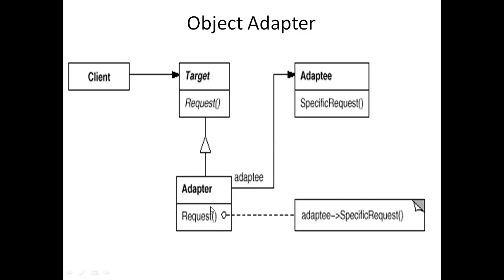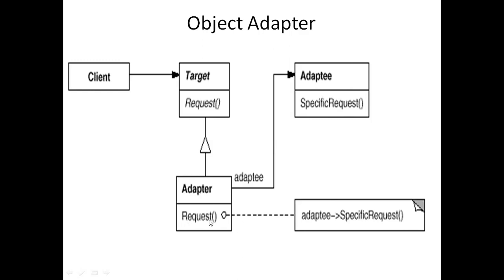So in this way, object adapter need not use multiple inheritance. It can just use different adoptees by just using the objects of adoptee in the interface which is not changed.